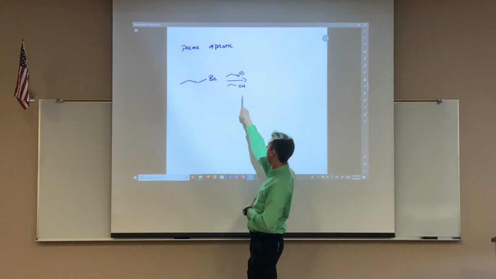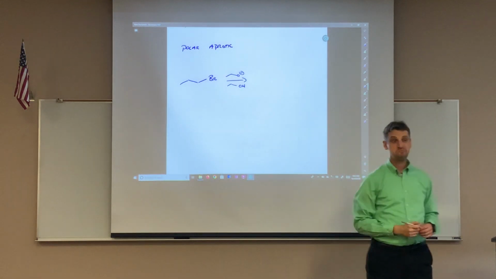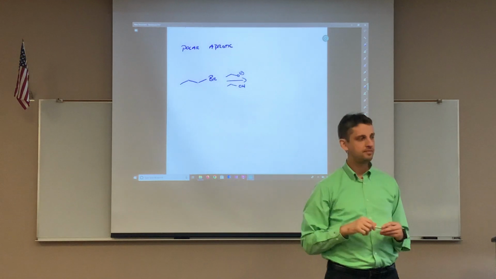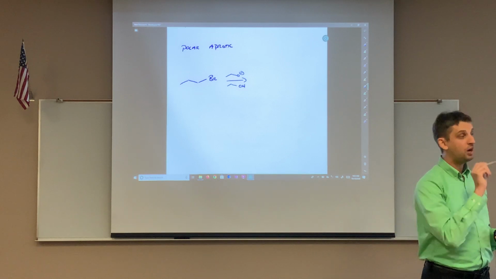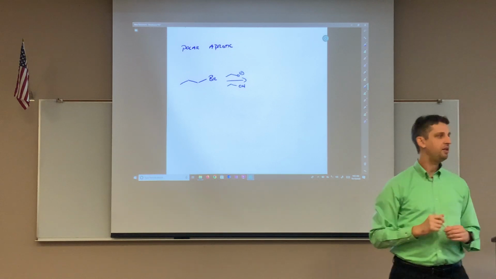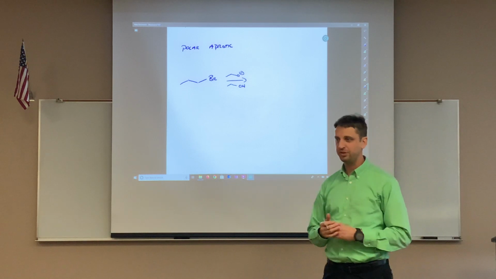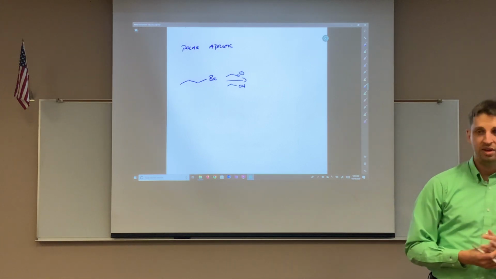How's this behaving in our reaction? It's the conjugate acid of our base. That's important. That helps establish an equilibrium for things. What is that?